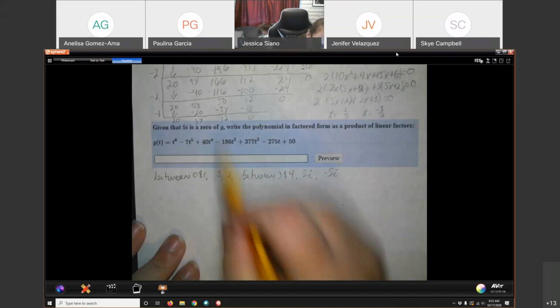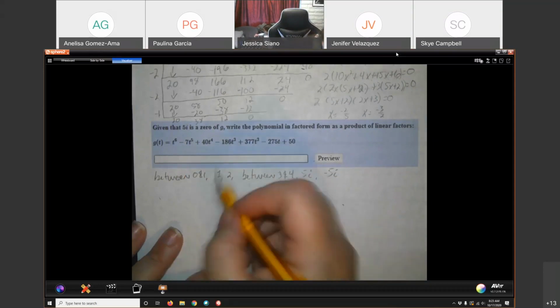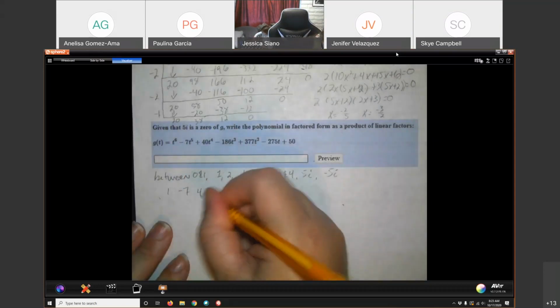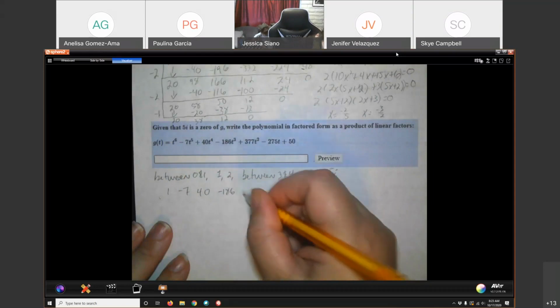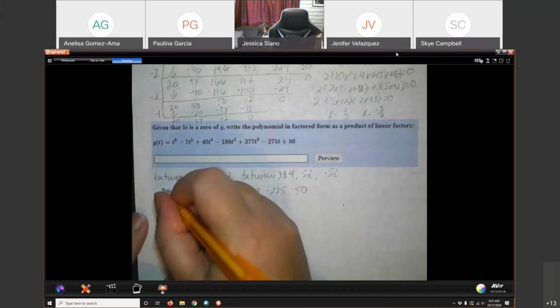So I'm going to do the same thing I did above, and I'm going to divide out the ones that I know. So I know 1, I know 2, I know 5i, I know -5i. So 1, -7, 40, -186, 377, -275, 50.